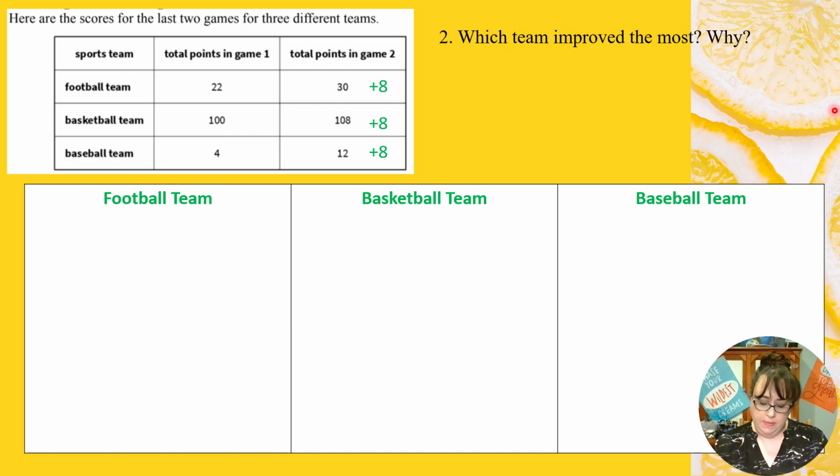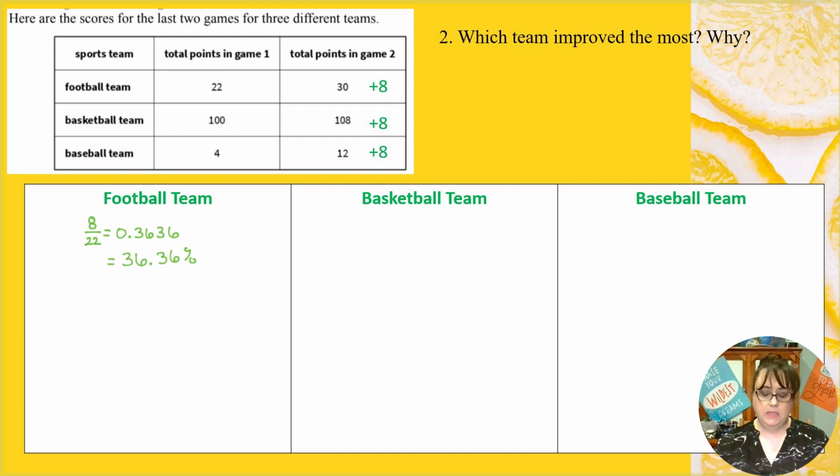Well, if I think about an 8-point increase out of my 22 points, that is 0.36, and it just keeps repeating. If I change that into a percentage, I end up with 36.36%. But what does it mean when I talk about the basketball team?